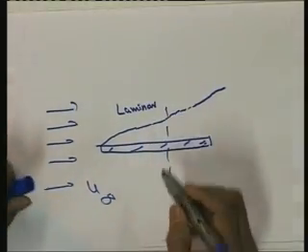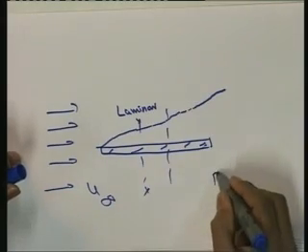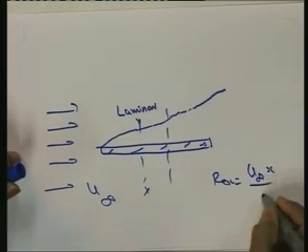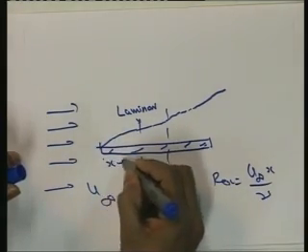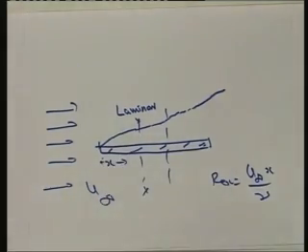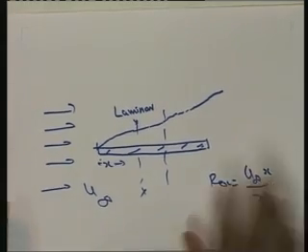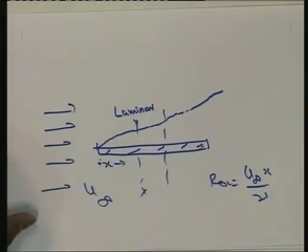At various locations x we can define the Reynolds number Re_x as u infinity times x by the kinematic viscosity nu, and with respect to this we can identify where the transition starts from laminar to turbulent.